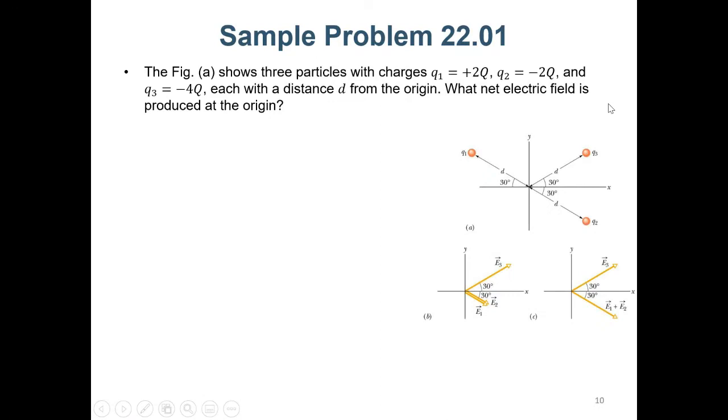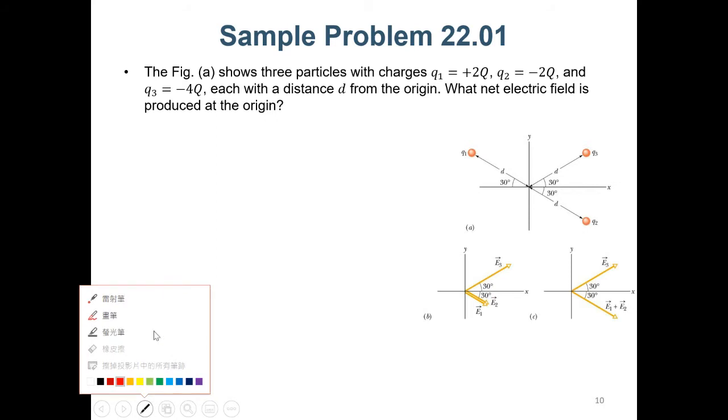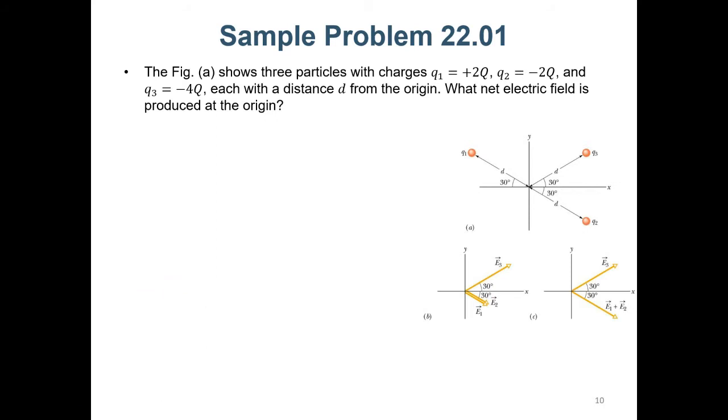Okay, so let's consider this example. Now we have three particles, Q1, Q2, and Q3, which is this one, and this one.